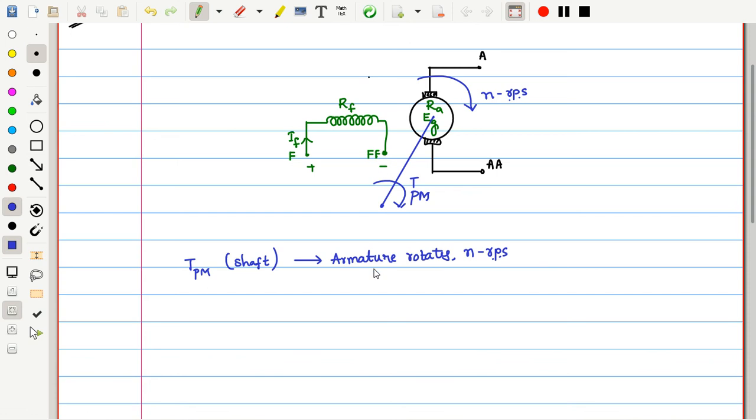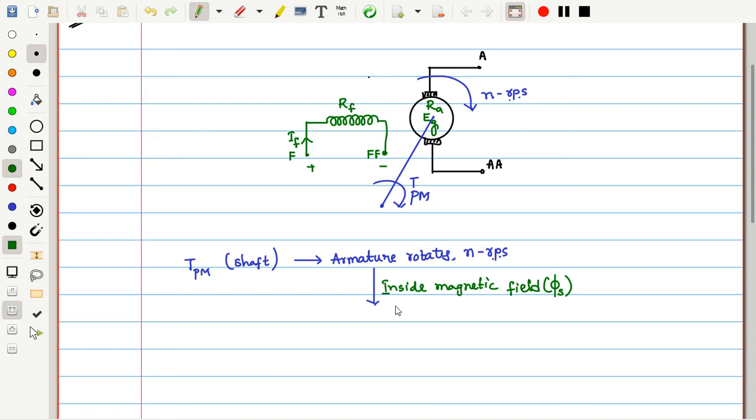Once the armature rotates, where is it rotating? Inside the magnetic field. Who is producing this magnetic field? The stator winding, which is the field winding. Let us say the flux is phi; if you want to be more specific, you can represent it as phi s, the stator field flux.